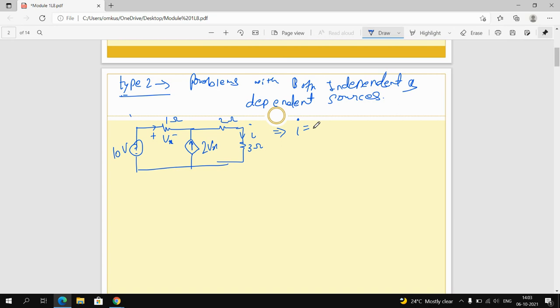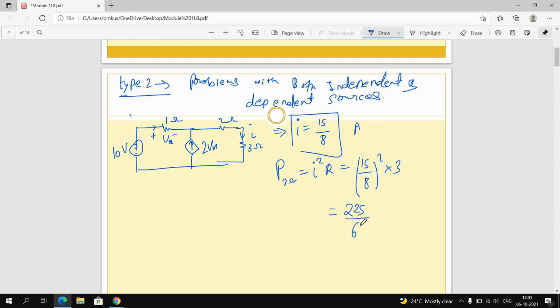See, the value of current is 5/18. This was your homework, you have to solve it. The current value will come 5/18 ampere. And the power consumed by the 3 ohm resistance is I squared R, right? So (15/8) whole square multiplied by 3. Find out this value, that is 225/64 multiplied by 3.